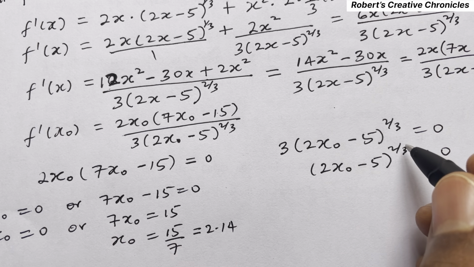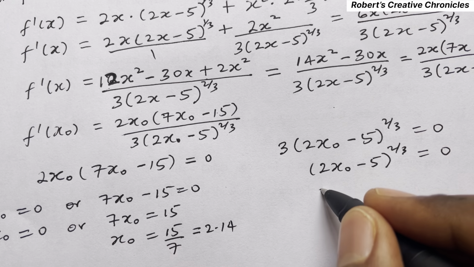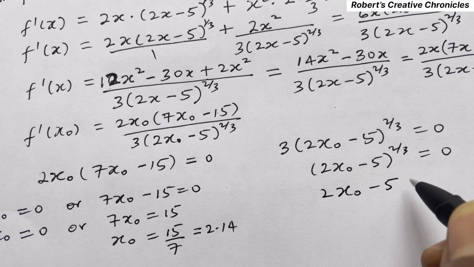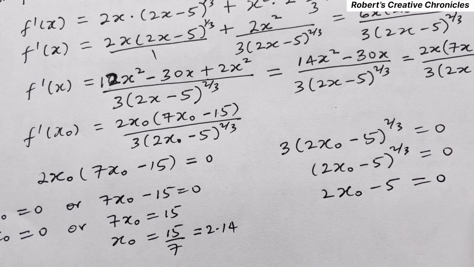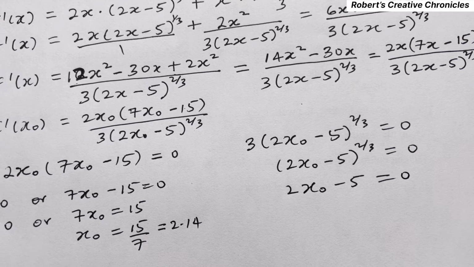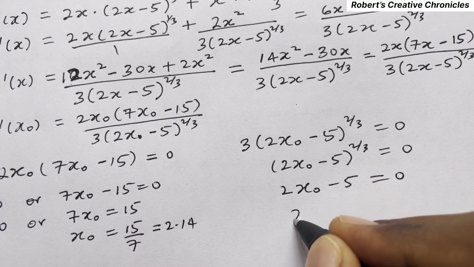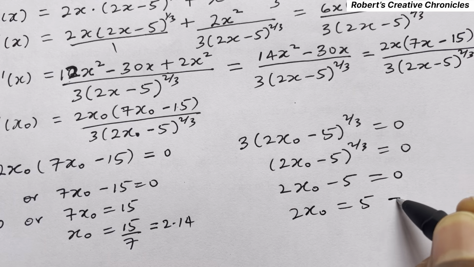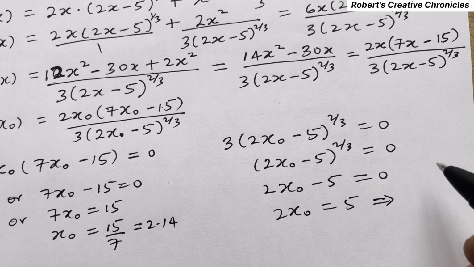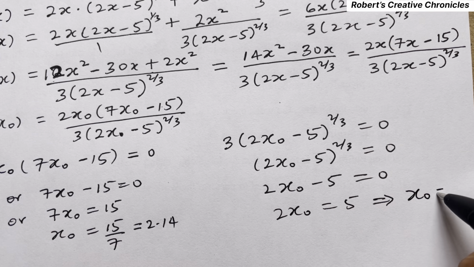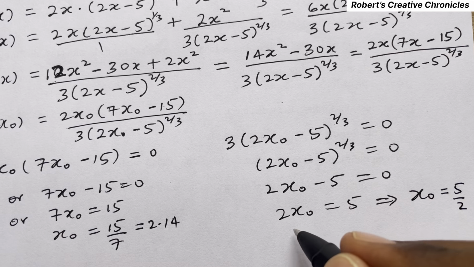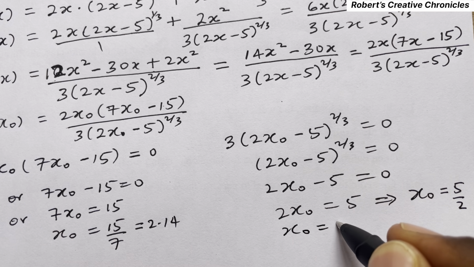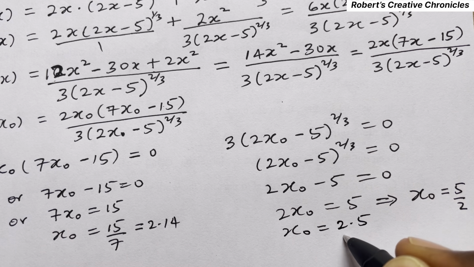So here it becomes 2x naught minus 5, and this still becomes 0. So 2x naught is equal to 5. Therefore x naught is equal to 5 over 2. So x naught is equal to 2.5.